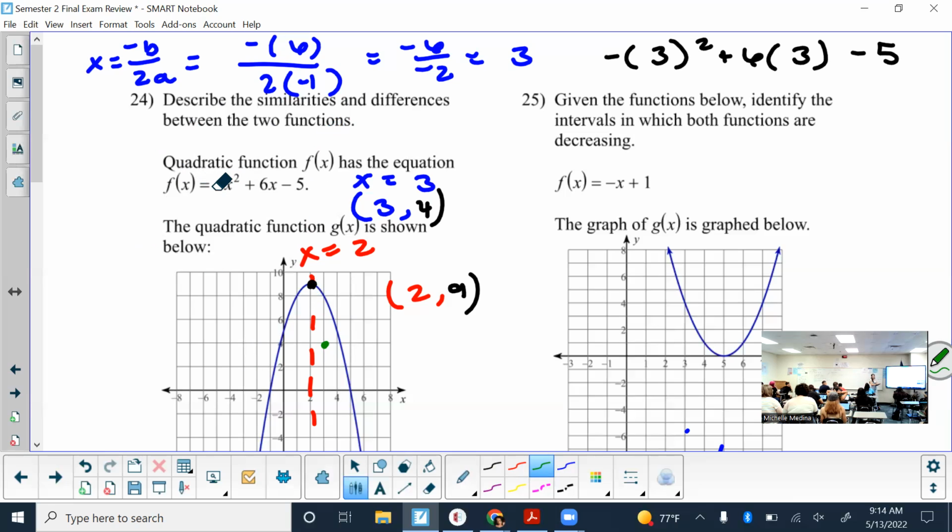What about this one? When it's a negative x squared, it opens downward. All right, so that's like a similarity. They both open downward. They have different axes of symmetry. They have different vertexes. Be able to say like which is higher, which is not. Questions?